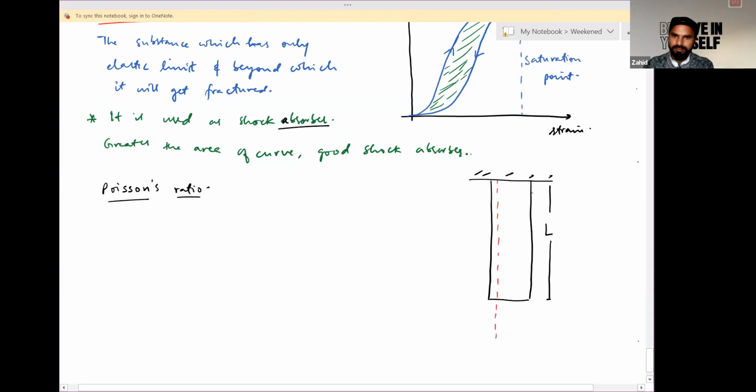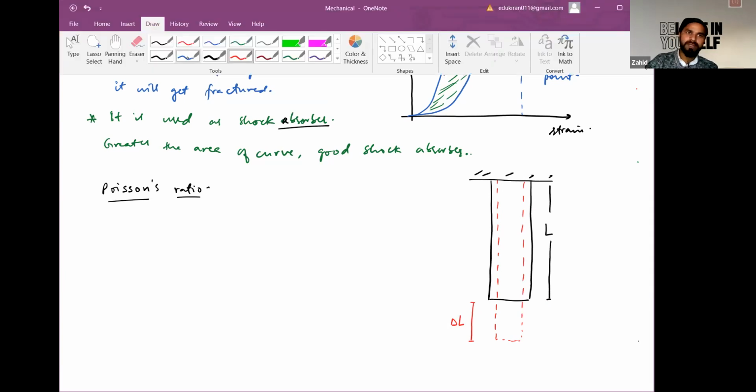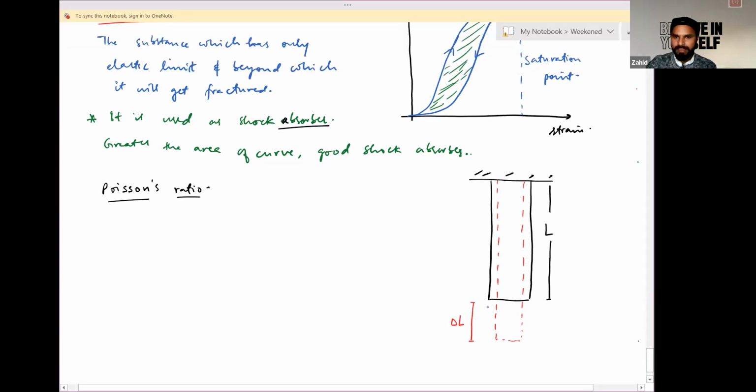So it will be like this. This is the amount of elongation produced, let's say delta L. Correspondingly, there will be a change in its diameter. Initially it was from this point to this point, and now it is reduced to this point. So this will be d minus delta d. Is it clear?